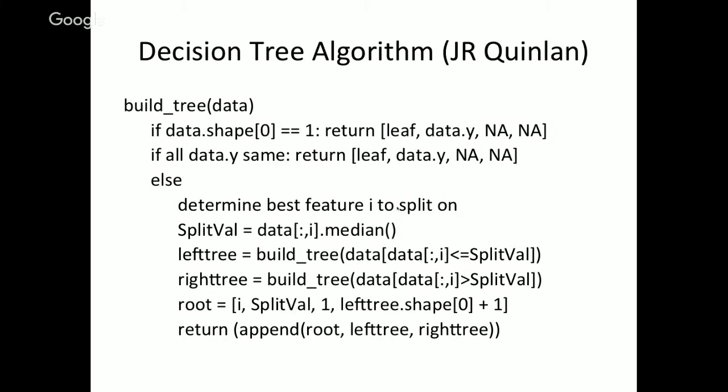And we have to do the correlation for each column of data before we can decide what to split on. So if there's one thing that we could do to speed up our algorithm the most, it would probably be to make that part faster.